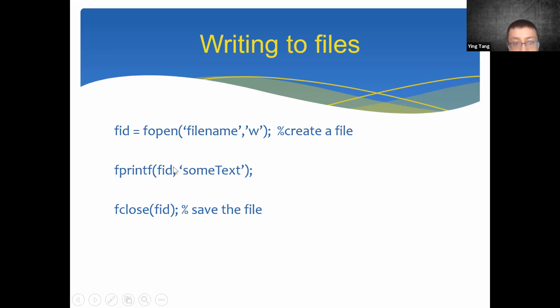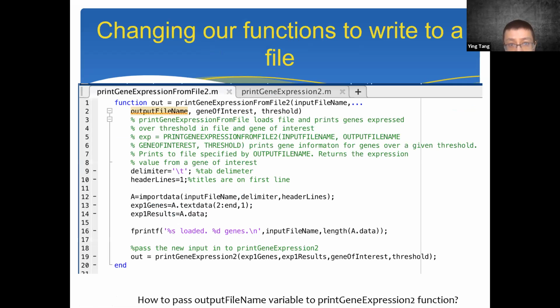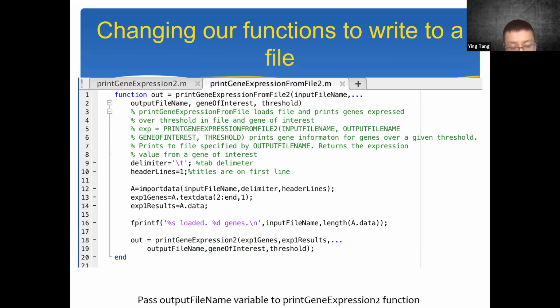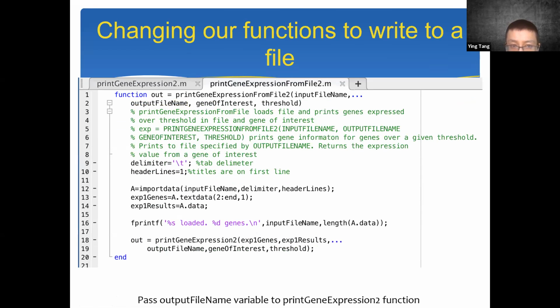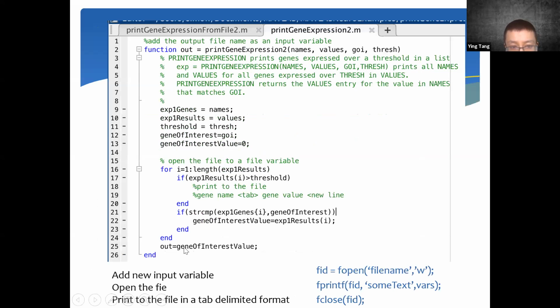This text will be written to that file, and in the end you close that file, which will save that file to the current folder. Right, so this will be the homework. Give it a try to see whether you can change this function we wrote before to have an output. You just pass the output name into the inner function, and the inner function should have some code to write out the file.